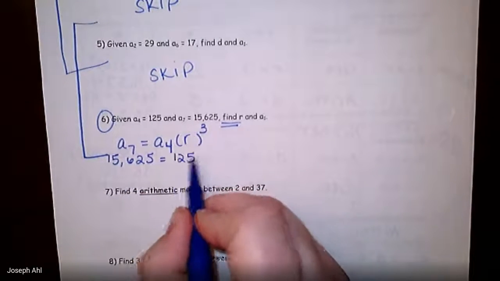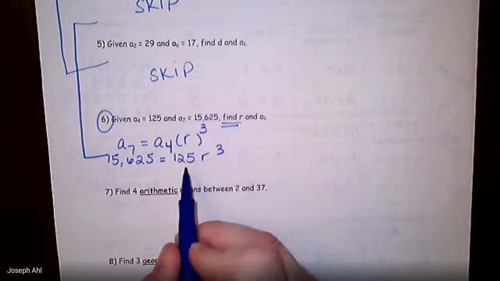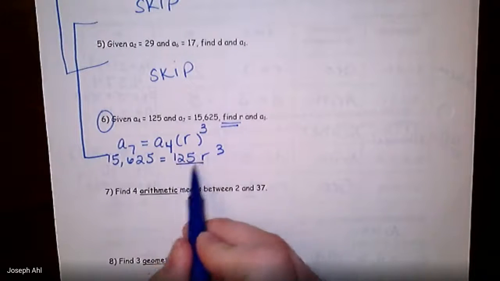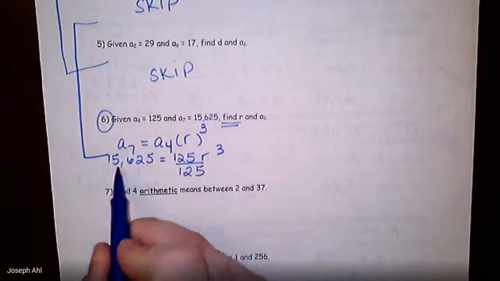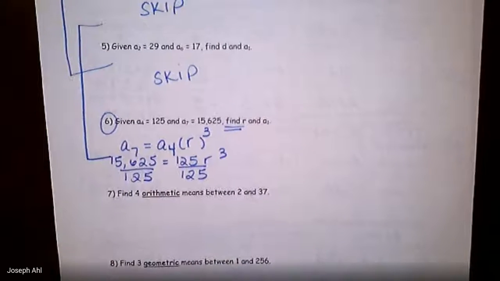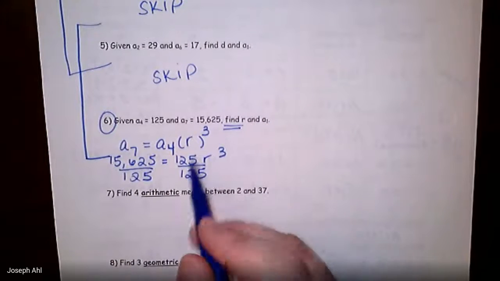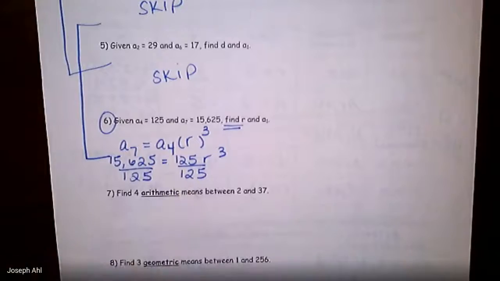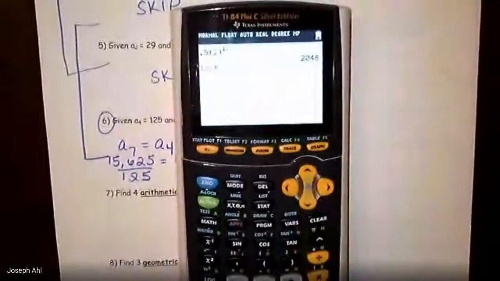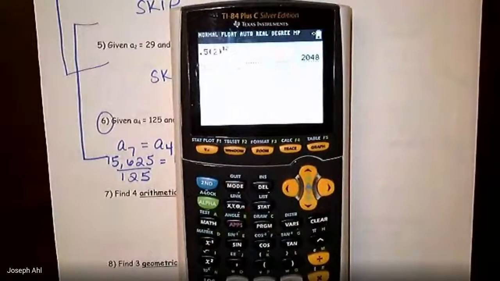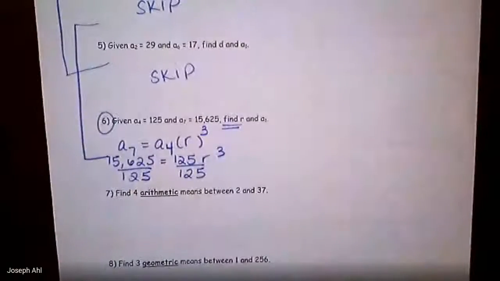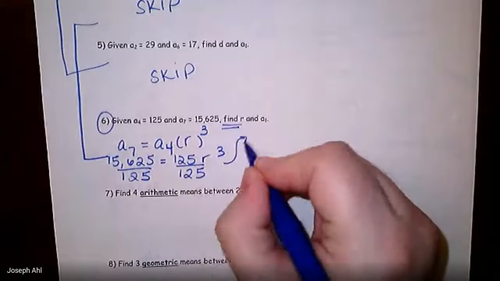A4 is 125. All right, the difference between doing arithmetic and geometric is right here. Instead of subtracting the 125 over, since we're multiplying by 125, to get rid of it, you have to divide it from both sides. So in this case, 15,625 divided by 125 is, what do you know, 125.